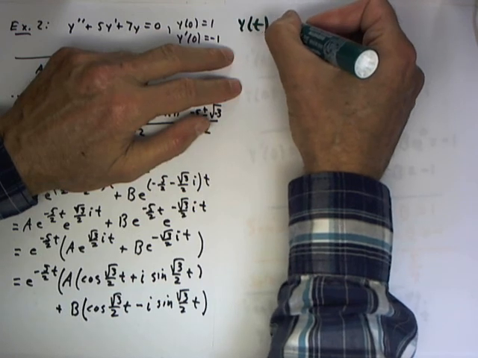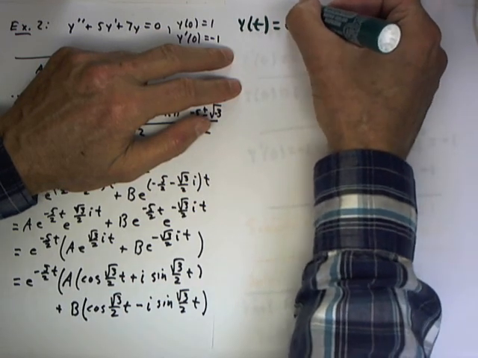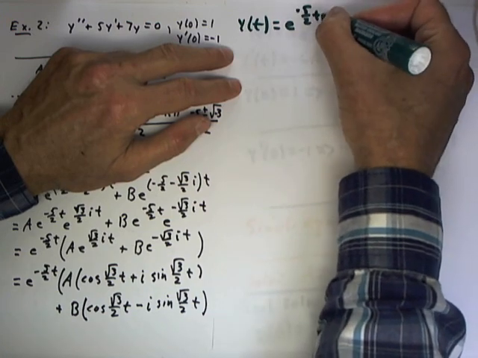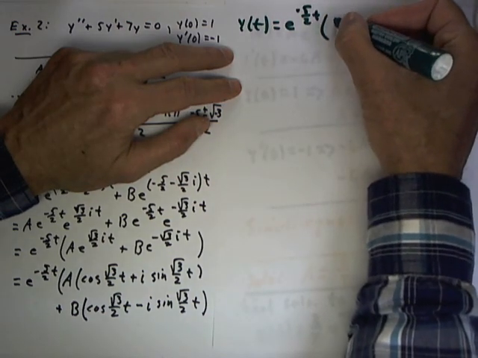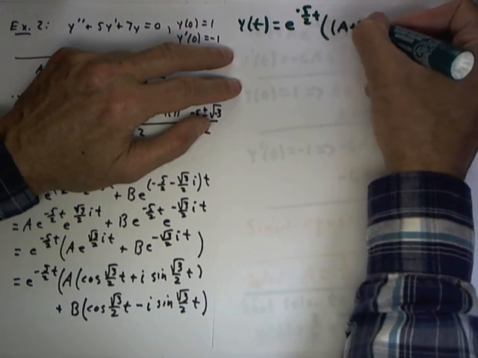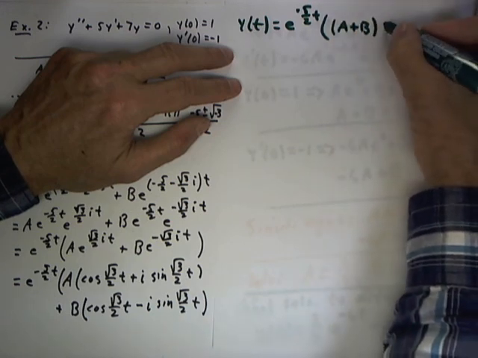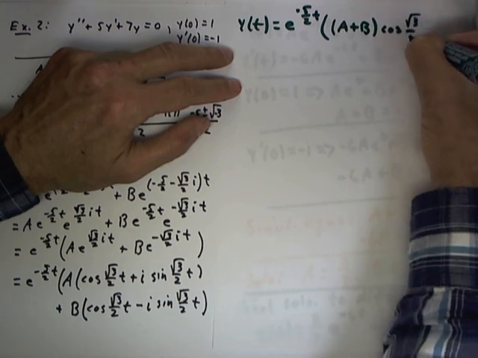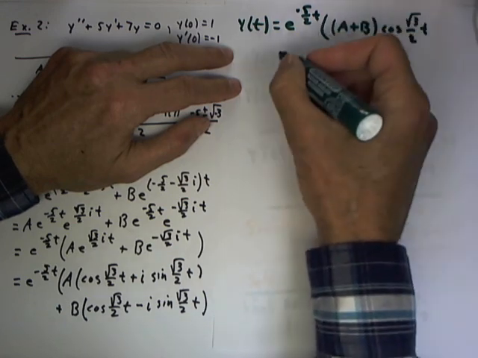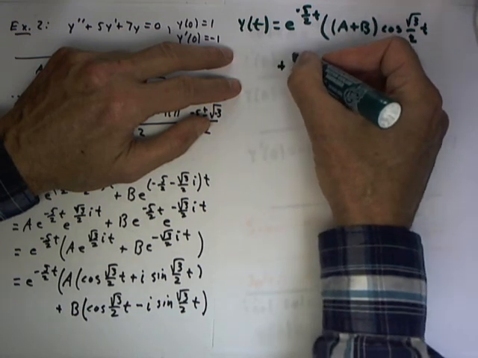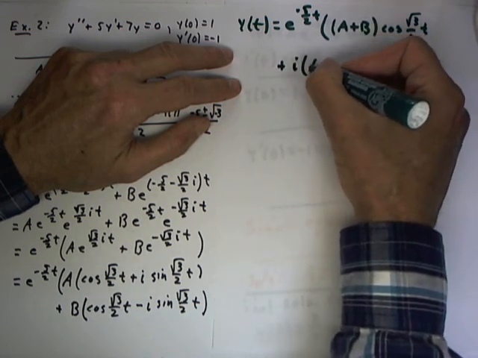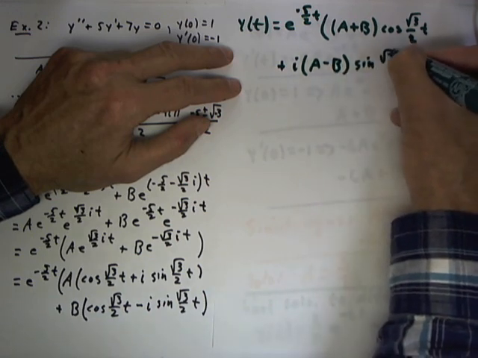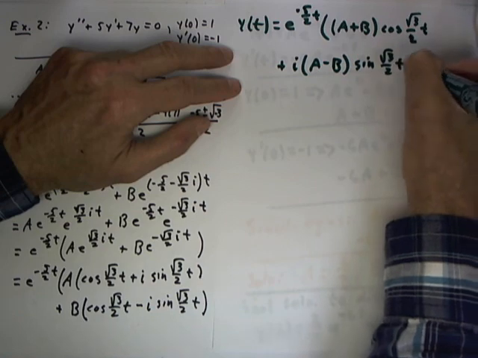We can write this as then y equals e to the negative 5/2 t multiplied by quantity a plus b cosine square root of 3 over 2 t plus i times a minus b sine of the square root of 3 over 2 t.